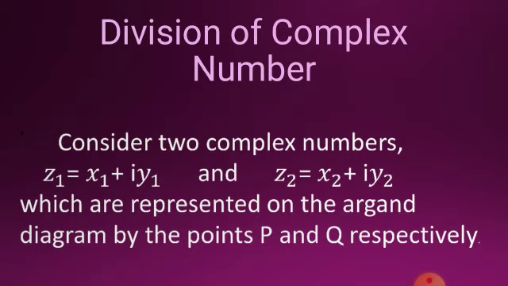Now dear students, we know the complex number z is equal to x plus iy, where x is the real part and iy is the imaginary part.